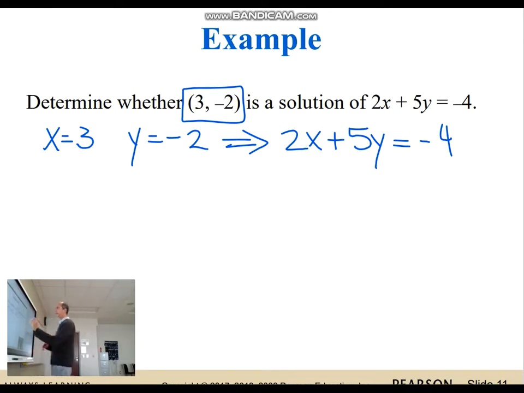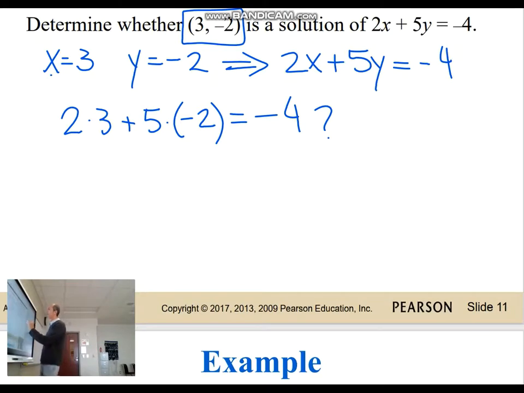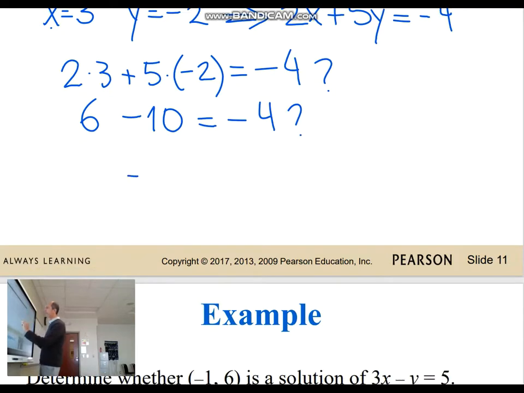So let's do it right now. 2 times 3, so x equals 3, plus 5 times, and y equals -2, needs to equal -4. Let's check if this is true. 2 times 3, 6. Plus 5 times -2, -10, equals -4. 6 minus 10, -4, equals what? -4?